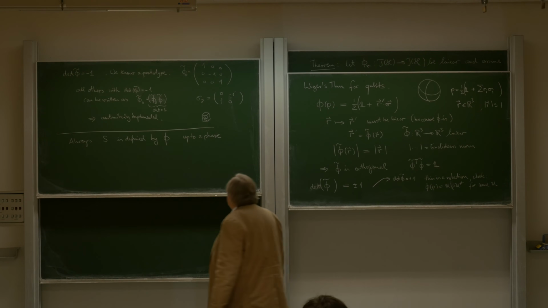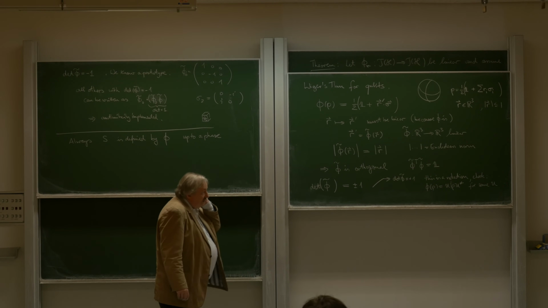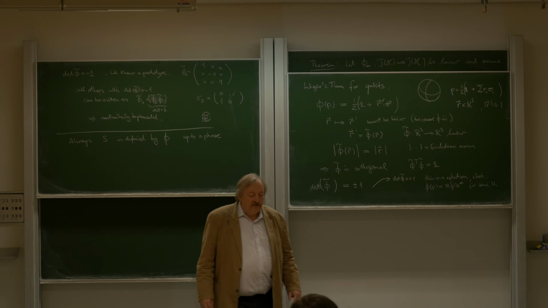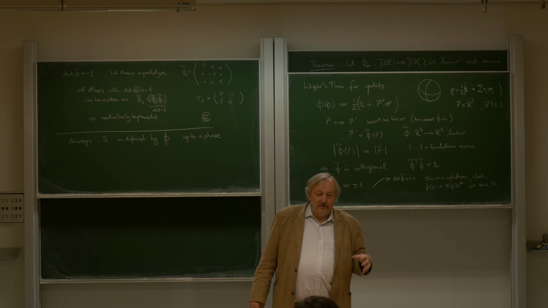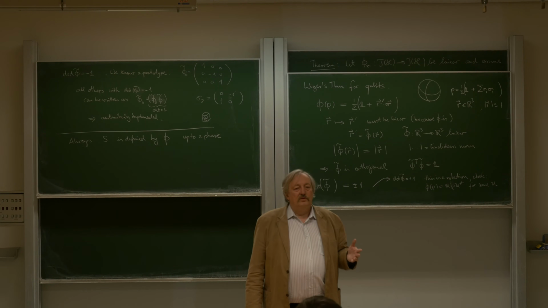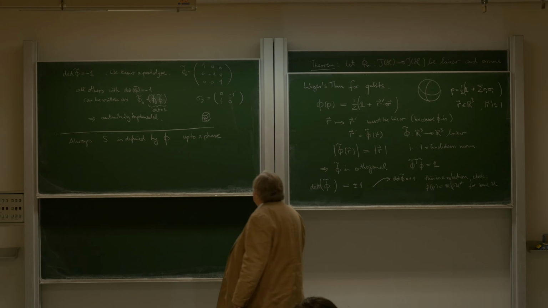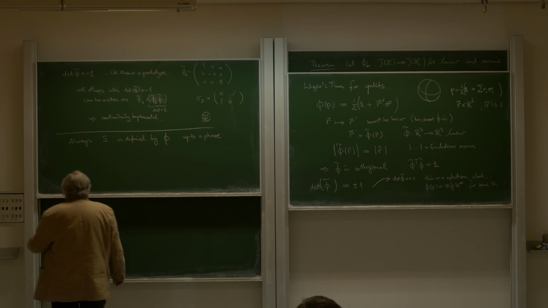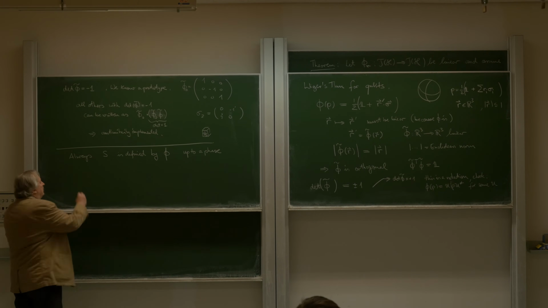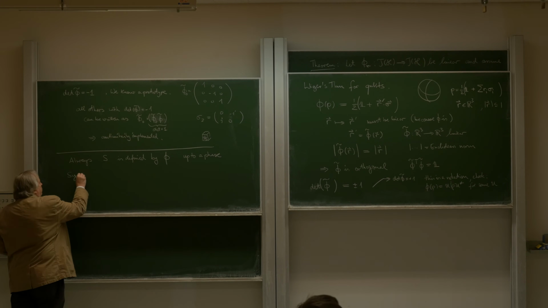So let us look at a few more symmetries, and actually symmetry groups. This remark that the operator that implements a symmetry is only defined up to a phase is very important if you want to look at groups, because then you have to work with these phases, right? So let us make a few examples of symmetry groups.